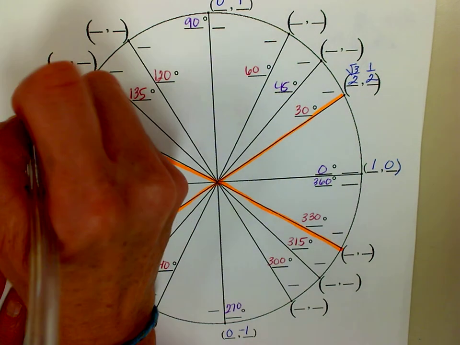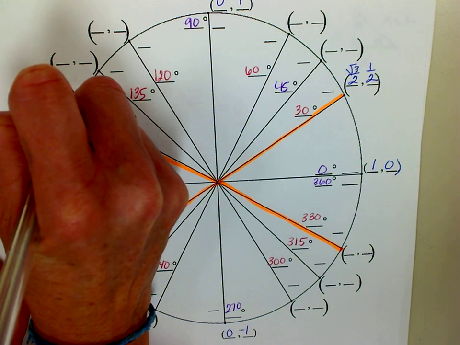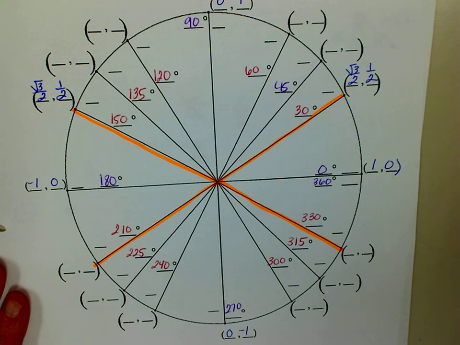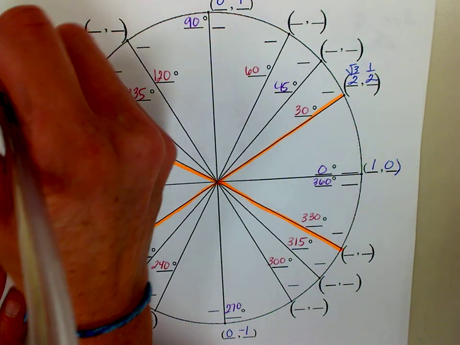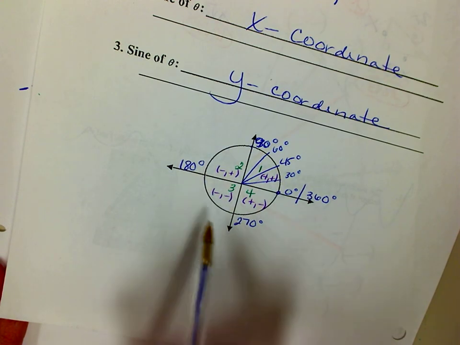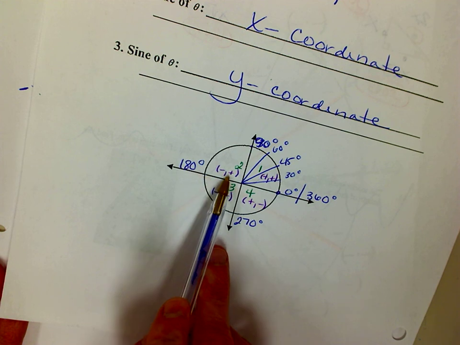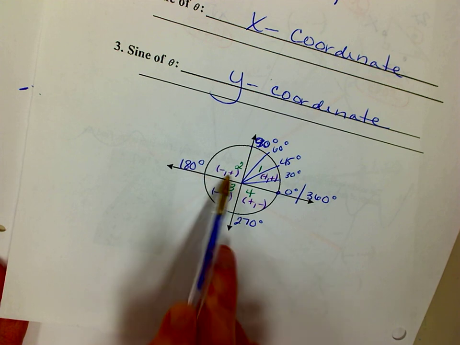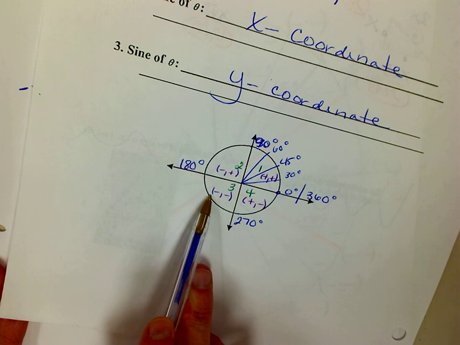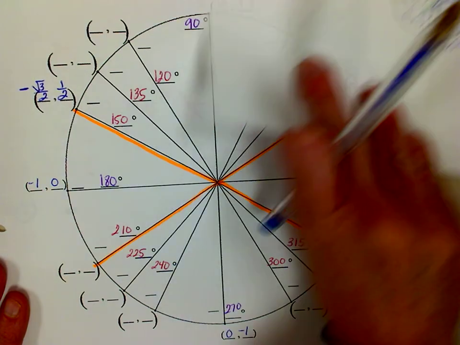So I'm going to put the square root of 3 over 2 and then 1/2. However, since I'm in the second quadrant, x is negative and y is positive. We go back and look at this that we filled in on the first page. In the second quadrant, x is negative, y is positive. Now the third quadrant, they're both negative, and in the fourth quadrant, x is positive, y is negative.